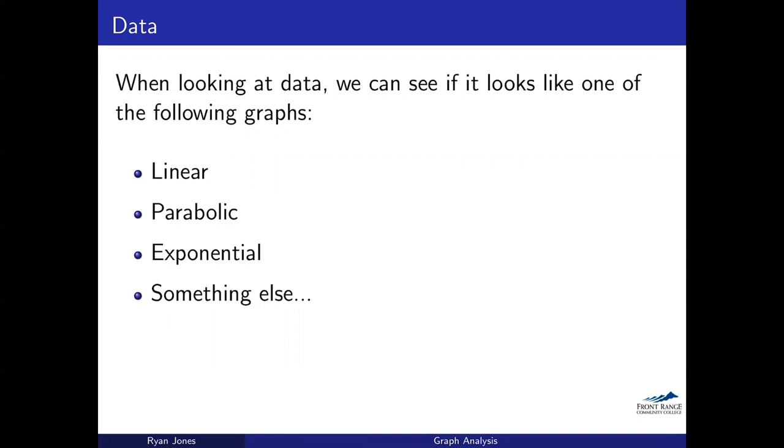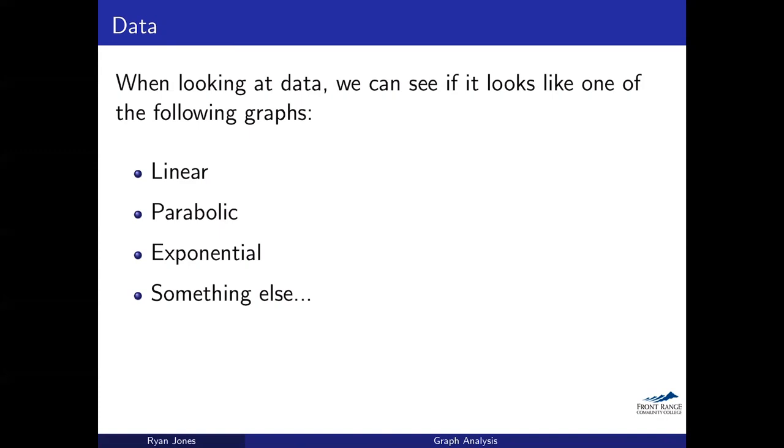And so when you're looking at this data, what you could do is try and graph that data. You could look at it and try and convince yourself that the trend here is linear, or it's parabolic, or it's exponential, or maybe some other type of function that we've talked about, or maybe even a combination of them. And so this can get fairly complex.